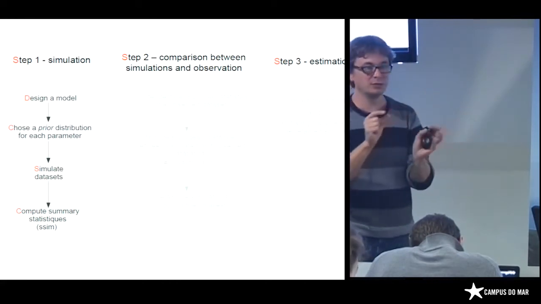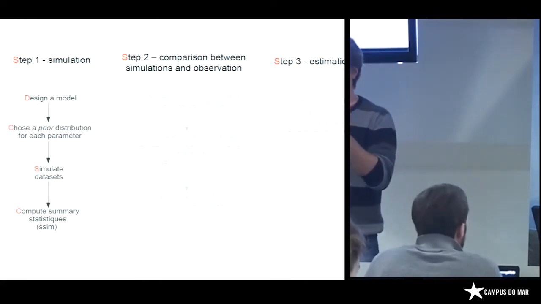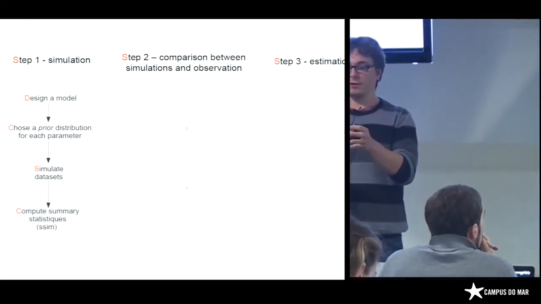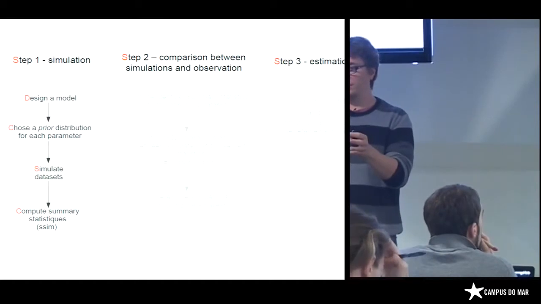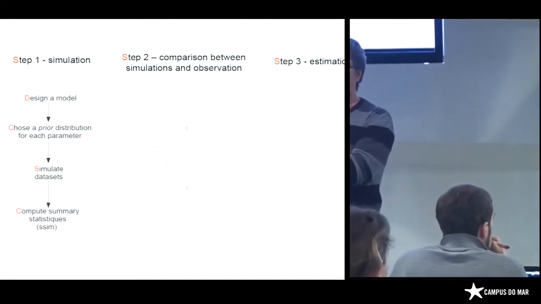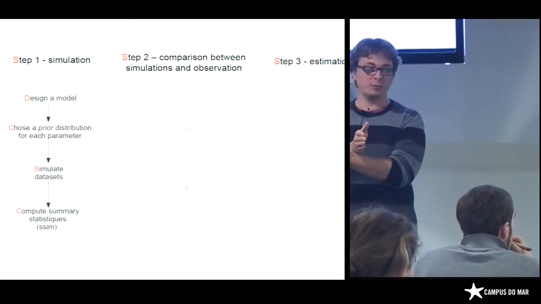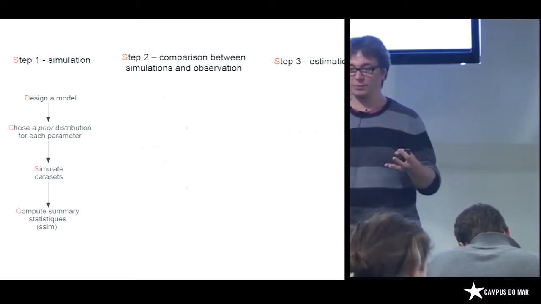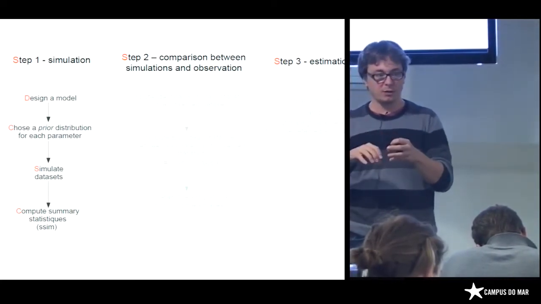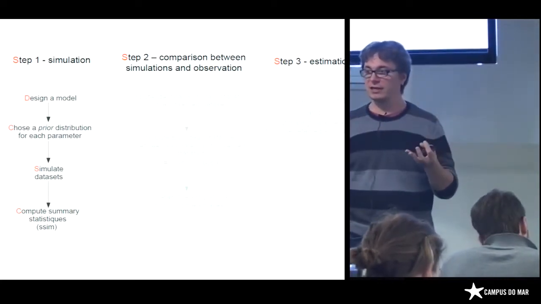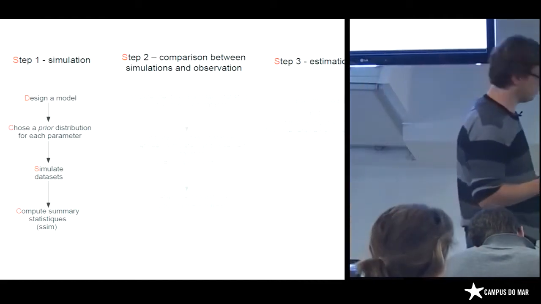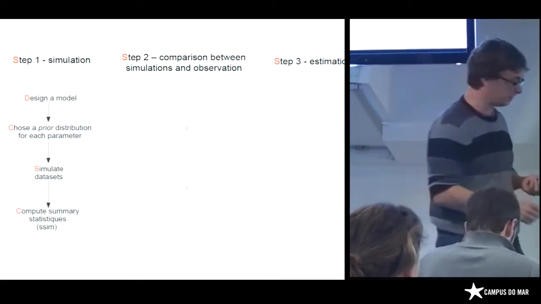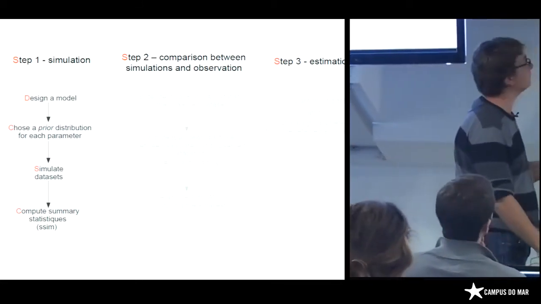Actually, what we are using is just the 4 categories I just explained: shared polymorphism, polymorphic in population 1 but fixed in population 2, polymorphic in population 2 but fixed in population 1, or fixed differences between populations. It's a summary of the JSFS. We include many other summary statistics that I will describe after.